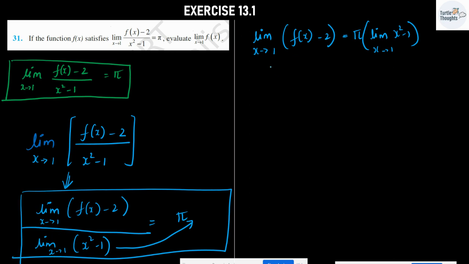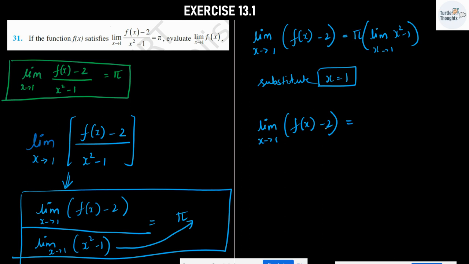Now I just need to substitute the values and get the answer. The limit as x tends to 1 of f of x minus 2 will remain as it is because I don't see any x.